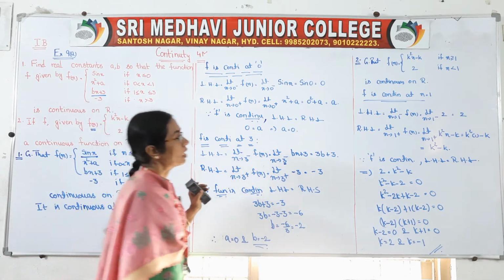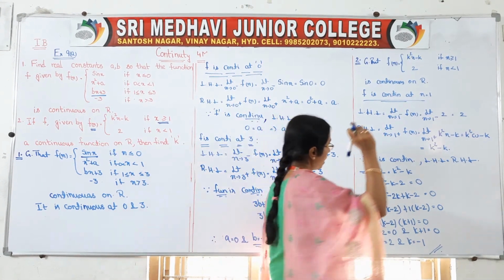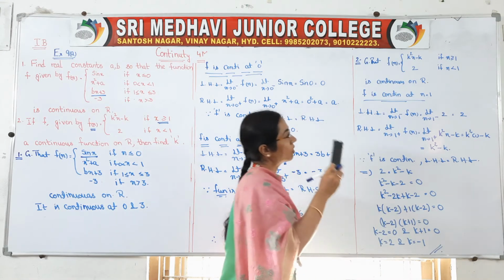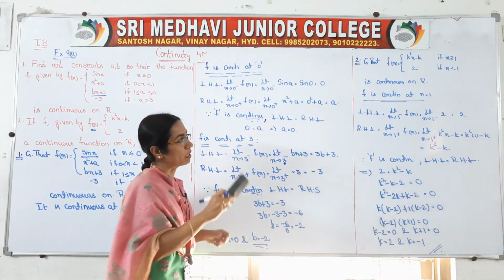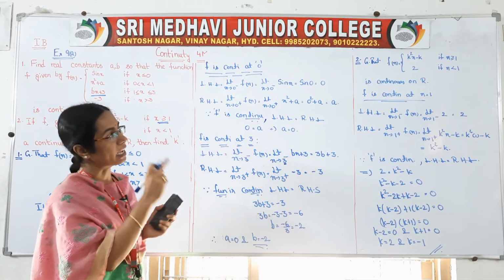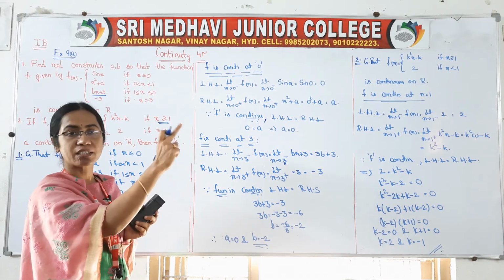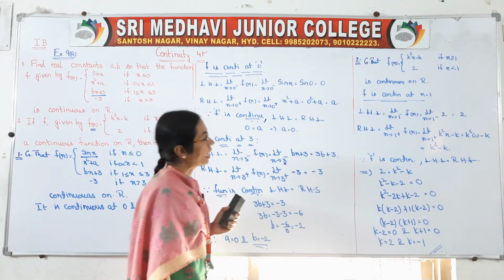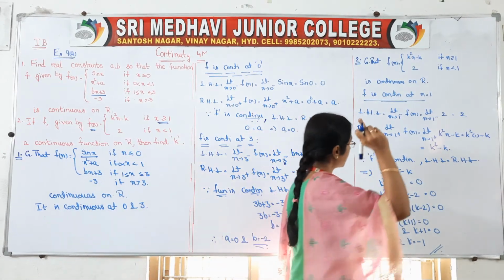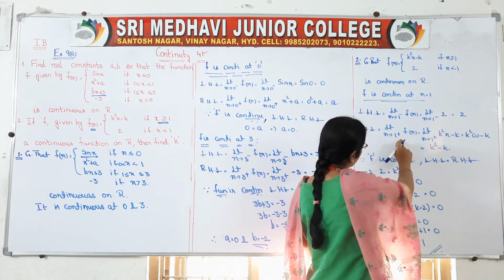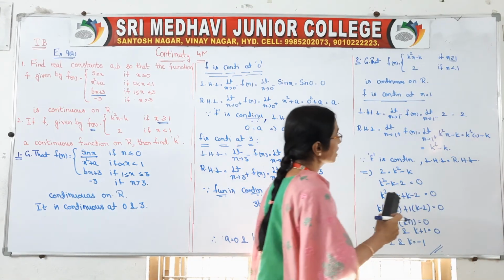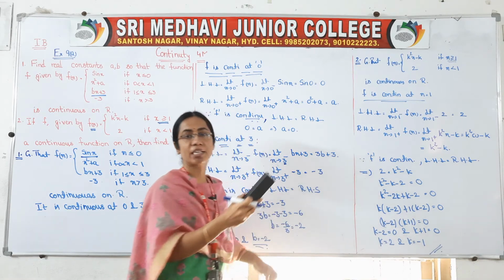So left hand limit is limit x tends to 1 minus f of x, which is equal to limit x tends to 1 minus; when x value is less than 1, the function is defined as 2, so it is equal to 2. Next, right hand limit means limit x tends to 1 plus. When x value is greater than 1, the function is defined as k square x minus k.